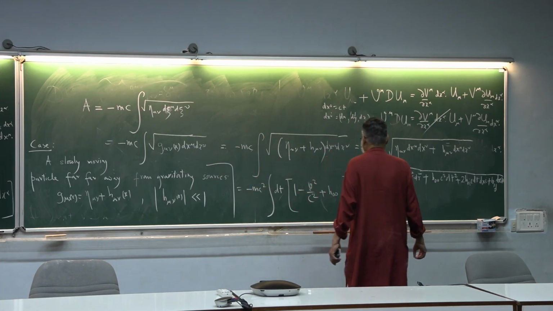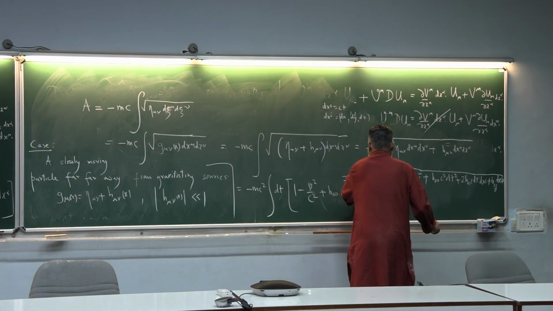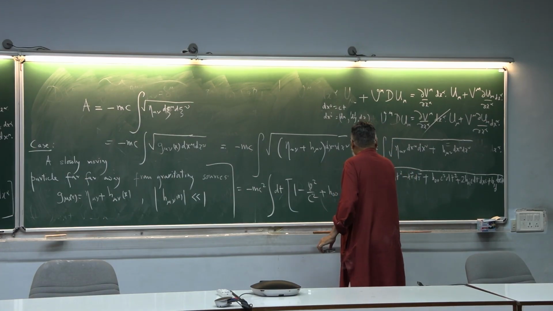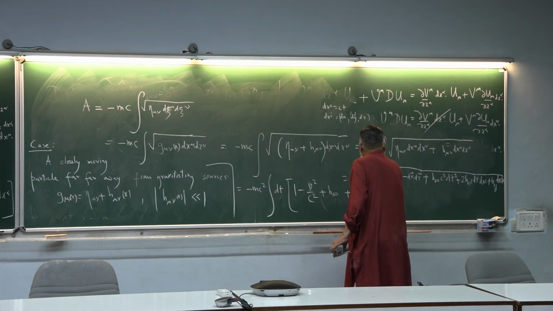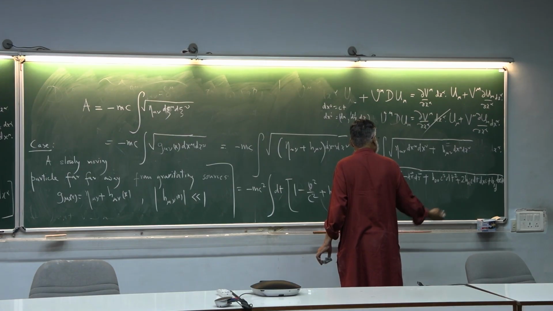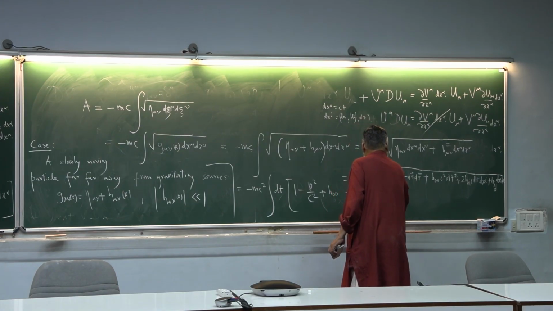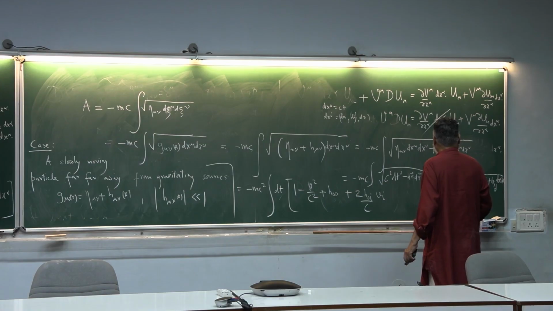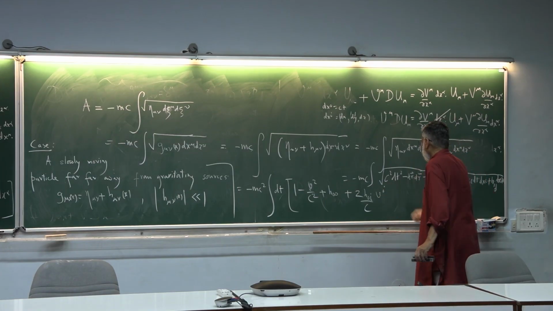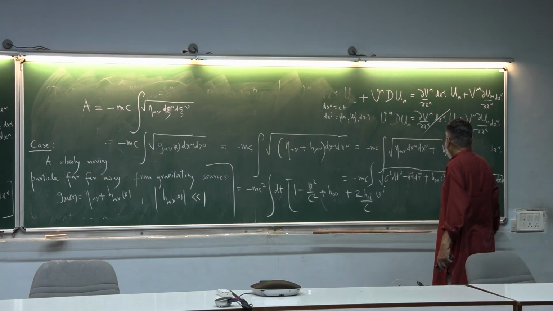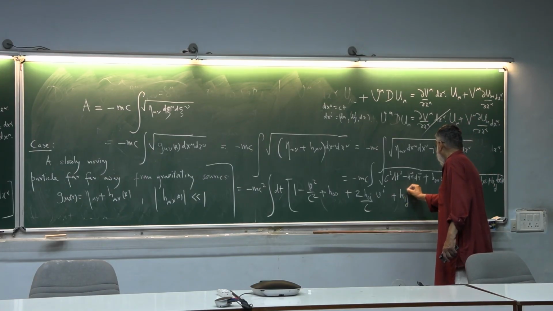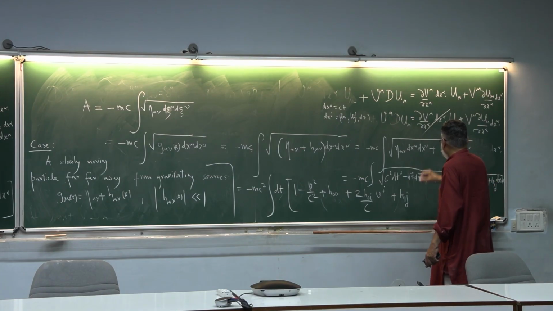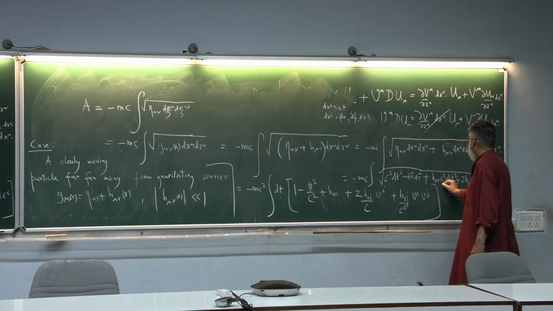Then plus 2 h0i, because c square dt square has come out, c times the vi component, because dxi by dt is simply the ith component of the velocity, plus hij by c square vi vj, all to the power half.